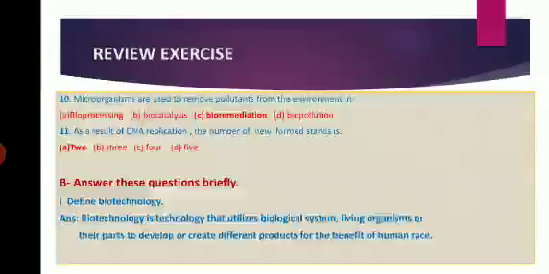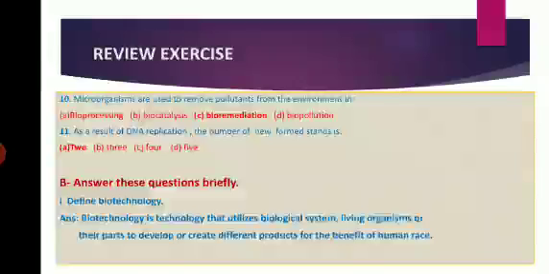Now we will move towards the B part of this review exercise, and that is: answer these questions briefly. The first question is: define biotechnology. What is biotechnology? Okay class, I have discussed this in your test exercise 2 as well, that biotechnology is a technology that utilizes biological systems, living organisms or their parts to develop or create different products for the benefit of the human race.